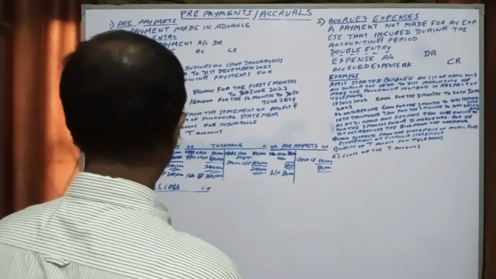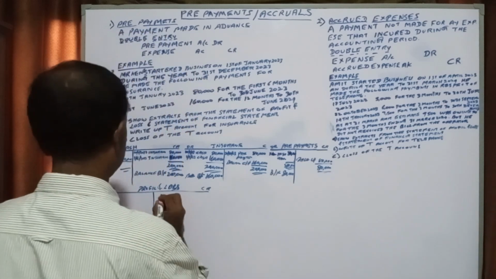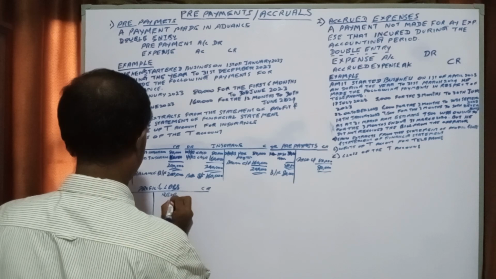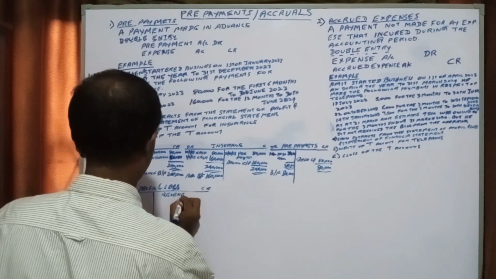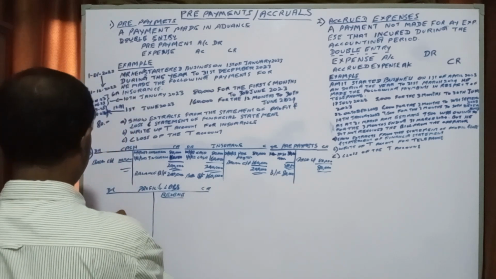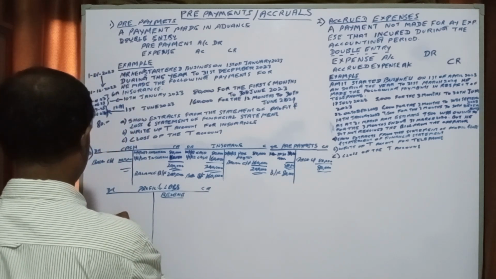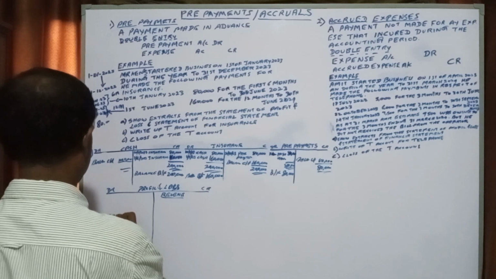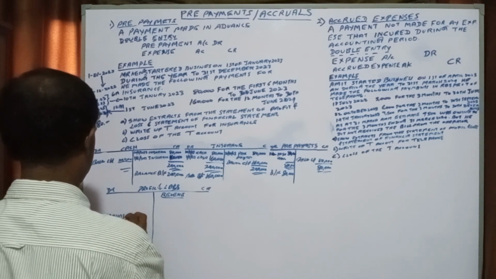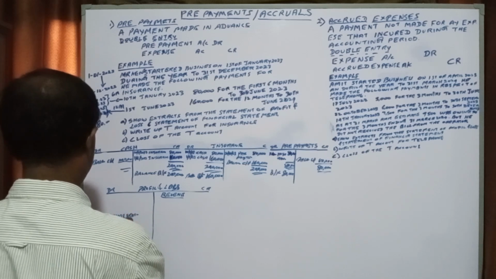Okay, in the profit and loss account, here revenue, here administration expenses.